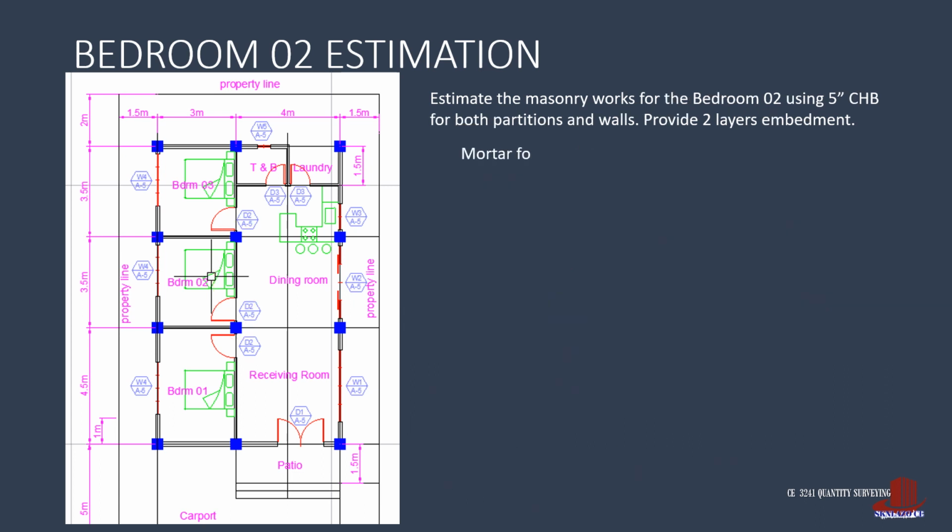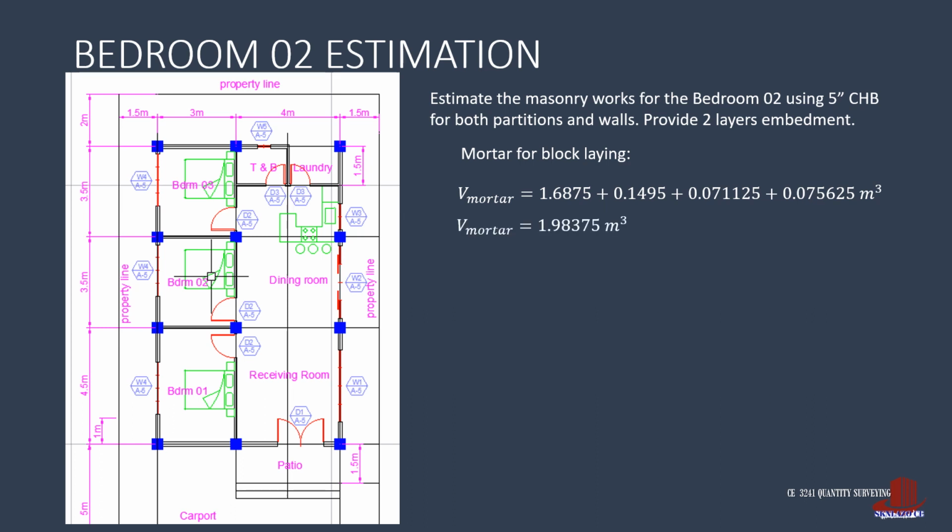Take the summation of all volumes for block laying. Those are 1.6875 plus 0.1495 plus 0.071125 and 0.075625, which results to 1.98375 cubic meters.